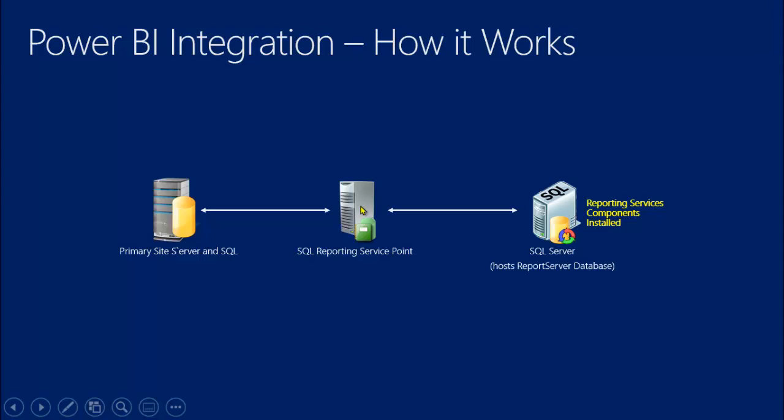I have my SQL Reporting Services point site system role on a separate server. And then I have my SQL Server over here that hosts the Reporting Services configuration and the database. Now, in truth, in my lab, all three of these are on the same server. And these can be on the same server, right? And you can put them wherever you need to put them. This is just to kind of split things out, help illustrate what's going on.